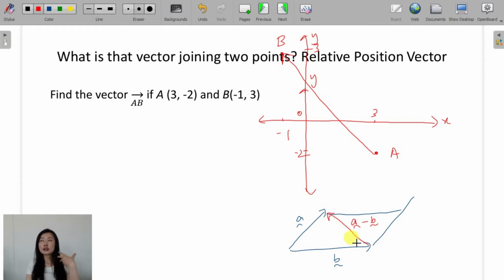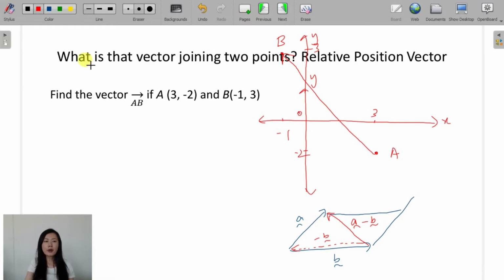And how do you determine what that value is? Wherever the arrow points is the one that goes first. So in this case, it's A minus B. So minus B, if you think about what that means, you flip the arrow. I don't want to mess up the diagram too much and confuse you, but that would have been minus B. So you see how this is basically adding A and minus B together? That's the addition vector in that sense.